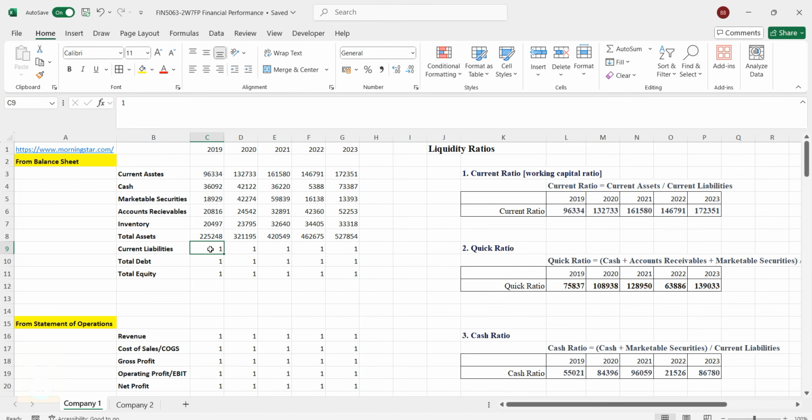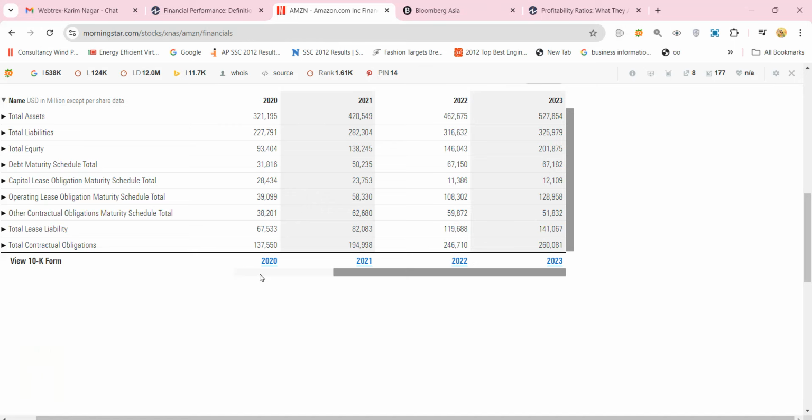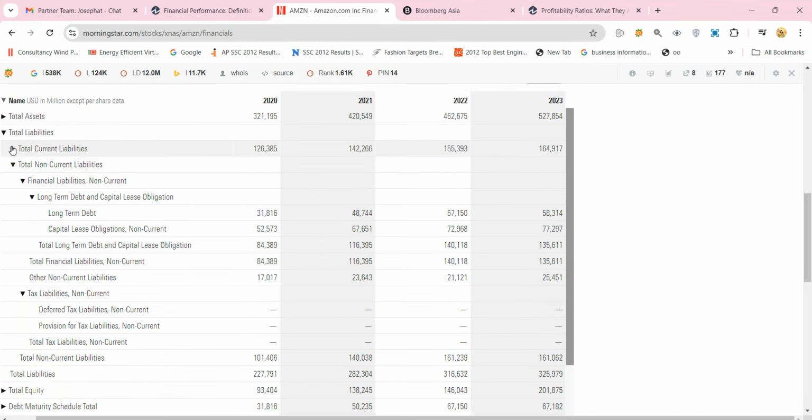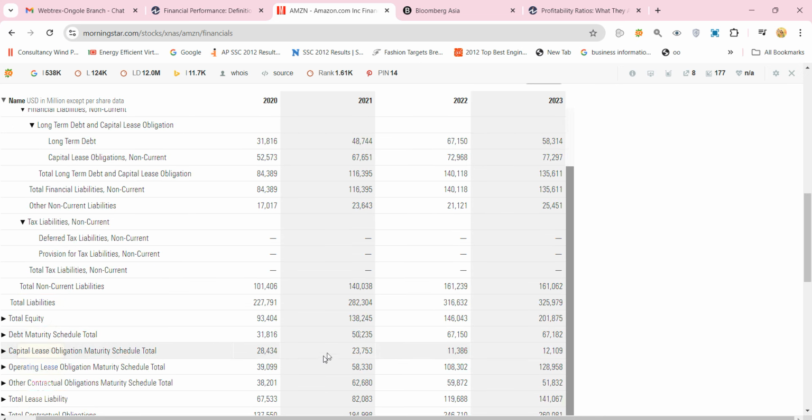Next, let us cross check current liabilities. Under total liabilities, click on total current liabilities. This is the area where you can get it. When you minimize everything, total current liabilities will be shown here.